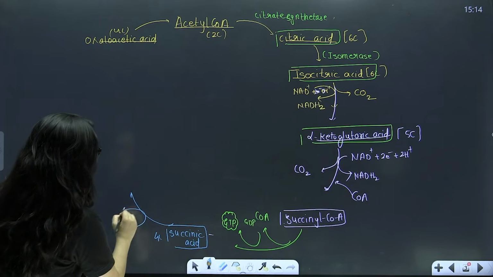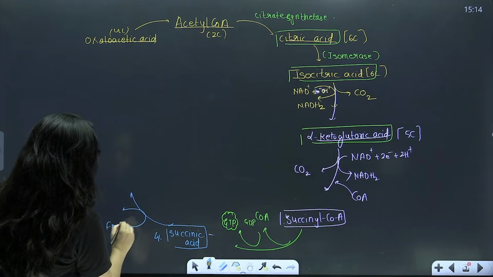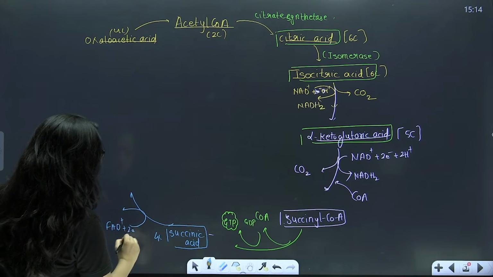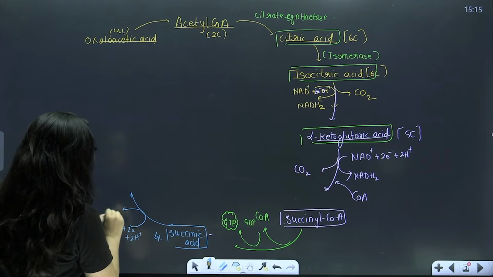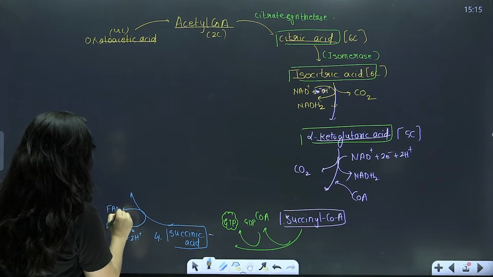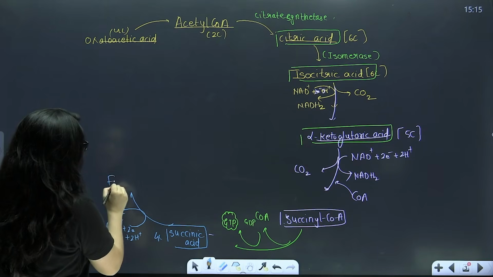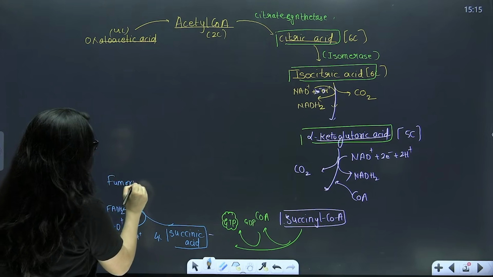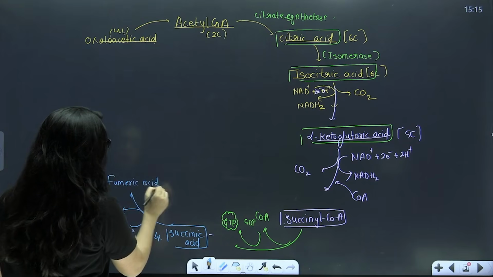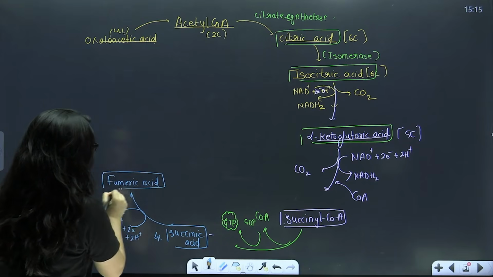So, FAD positive will accept the free electron and proton from succinic acid, will get reduced into FADH2 while oxidizing succinic acid into another 4-carbon compound, that is fumaric acid.